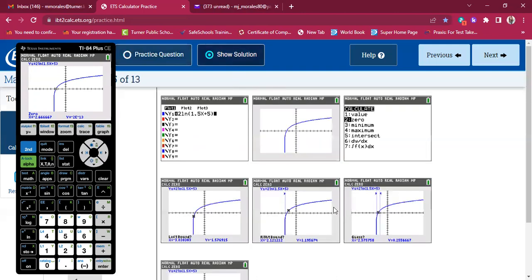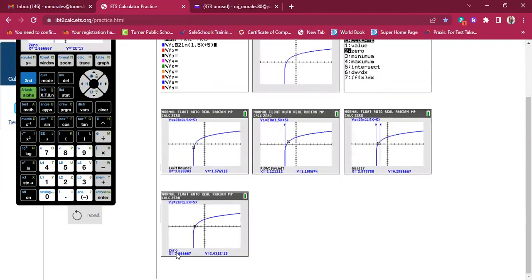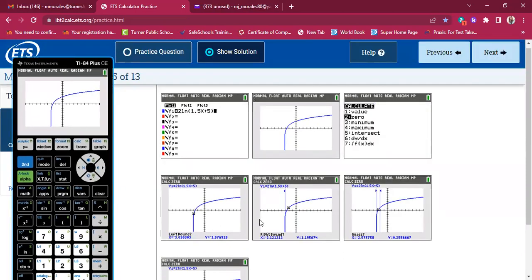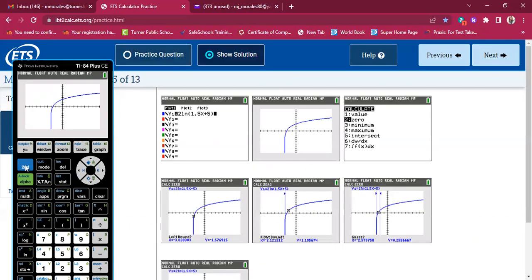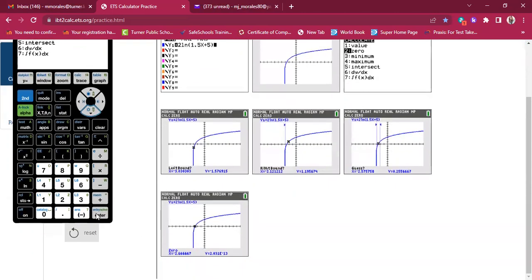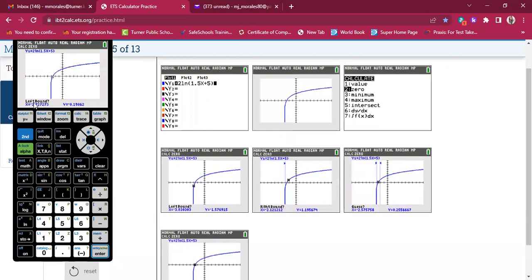Okay, there you go. So as you can see here, we have negative 2.7. Again, second shift trace, go down to 0, and then enter. It says left bound, so arrow left and enter, then arrow right and enter, guess, and then enter again.